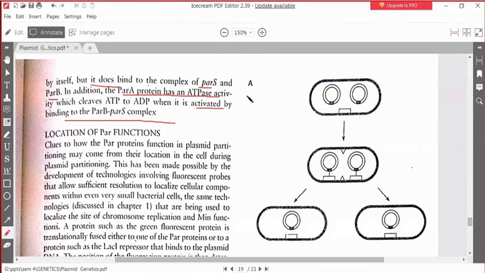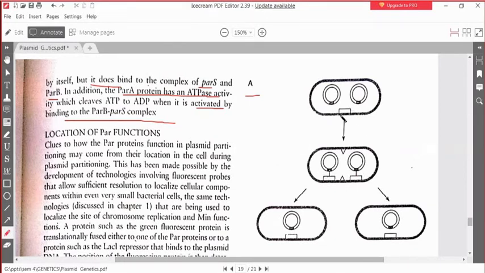The first model, model A, is where you can see the two plasmids are there, and this PARS site actually binds to a cell membrane receptor type of thing. This is a particular site present within the cell. This is a particular site where the two plasmids must bind, and the site will pull apart the two plasmids to the two opposite sides.